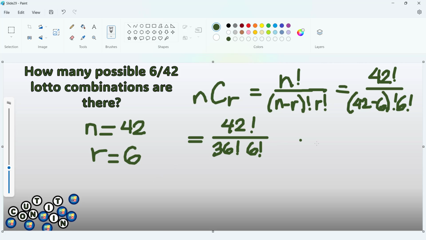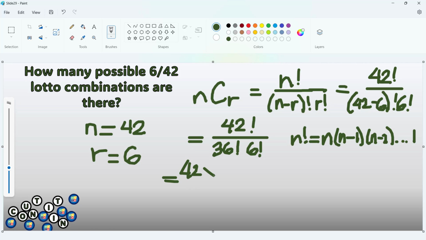Before we proceed to that, let's have the idea of factorial, as this is actually the condensed way of writing products of integers 1 to n. So you have n times n minus 1 times n minus 2 until you reach 1. This would mean that our 42 factorial can be written like this: 42 times 41 times 40 until 1.